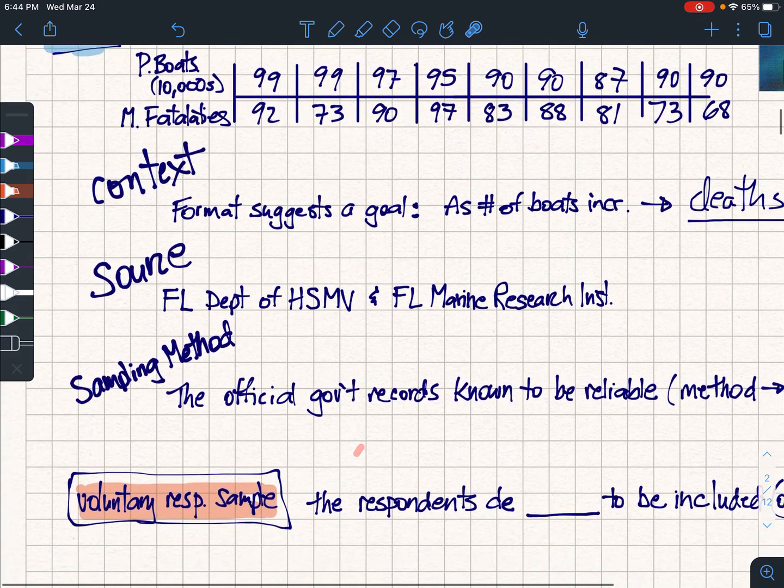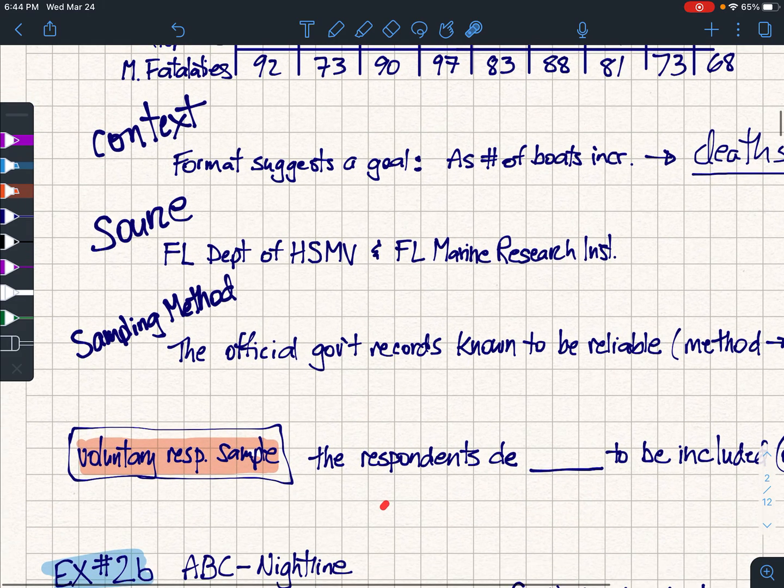All right. Here is an example, though, of a bad way to collect data, which is used frequently because it's very cheap. We do it at school. We do it in newspapers. You'll see it on shows online, and it's called voluntary response sample.